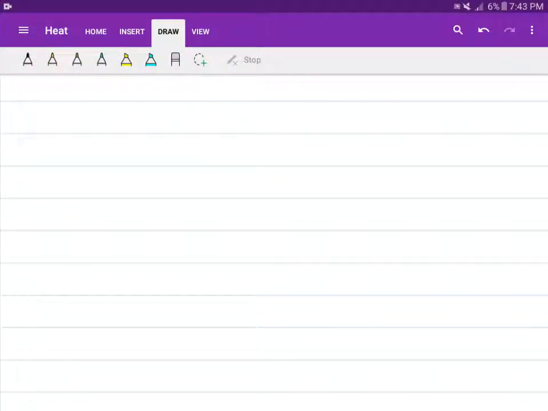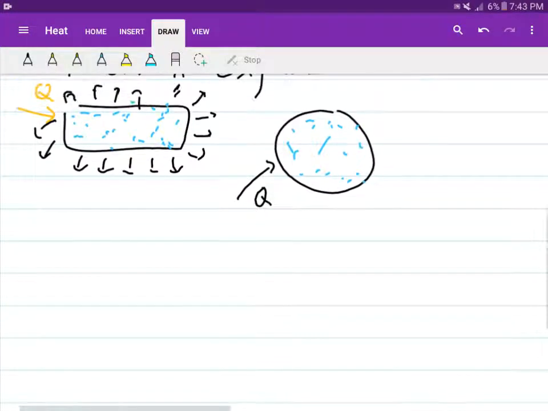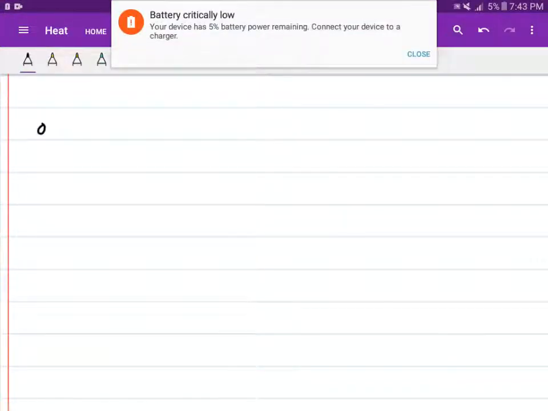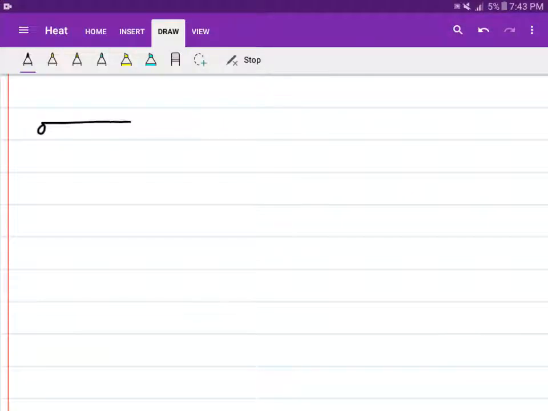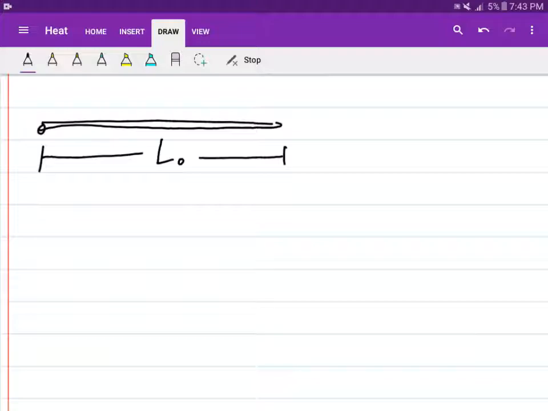So how do we calculate how much expansion happens when you apply a certain amount of heat? So first, let's consider a rod here, and it has an initial length L naught.